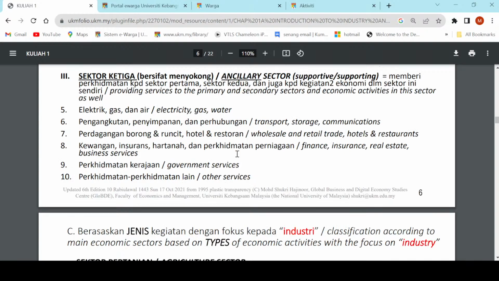So you see now the backward linkages that create multiplier effects that generate activity in other activities, generate income because of backward linkages. More Proton Saga, more tires, more plastics, more what?